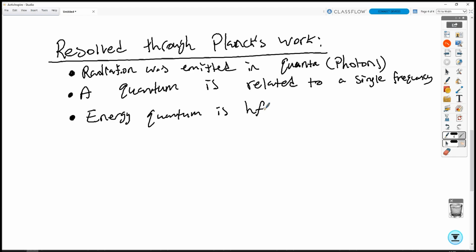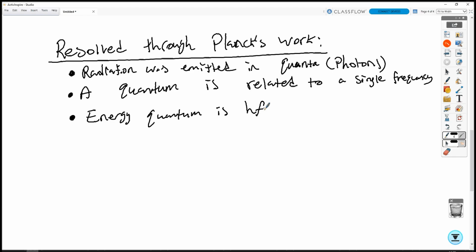So again, the issue was, with the Rayleigh-Jeans, is that because it was continuous waves, the energy of the wave related to its intensity rather than to its wavelength. But now we know that shorter wavelengths actually carry more energy with them. So at those higher frequencies, if there isn't enough energy, they're simply not emitted as much or at all.